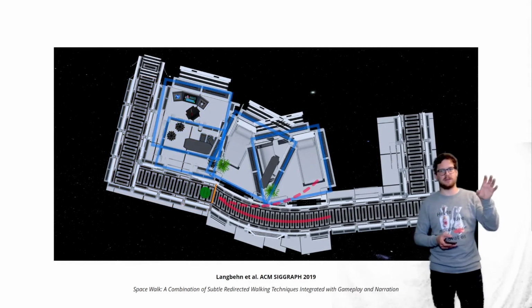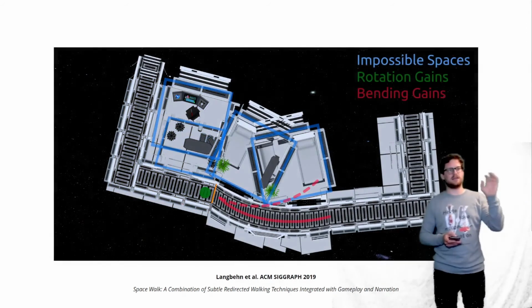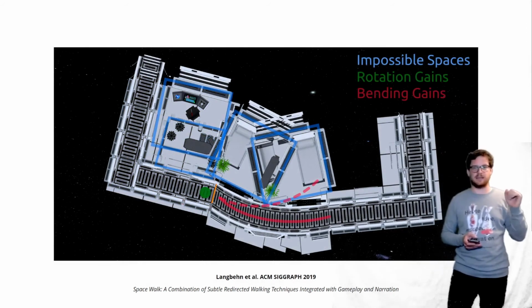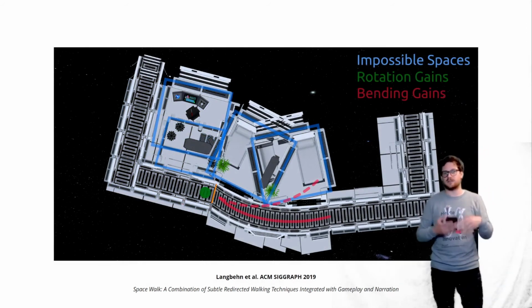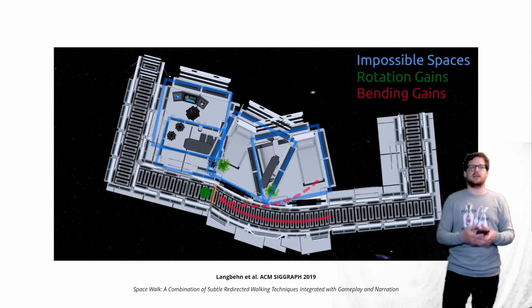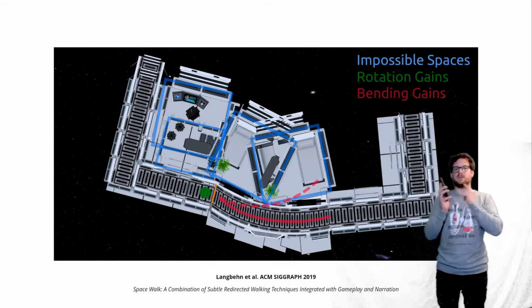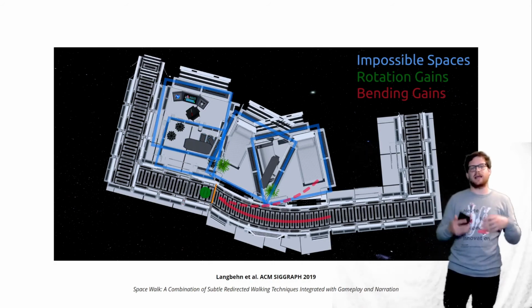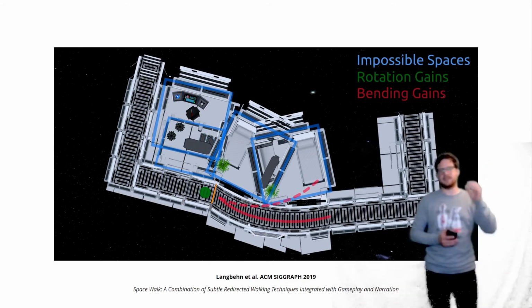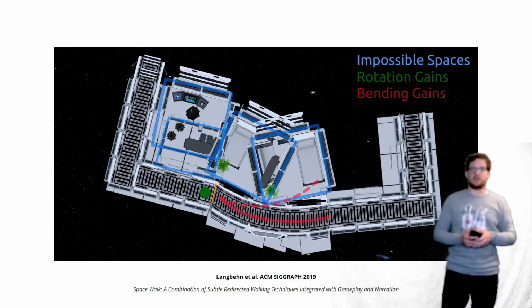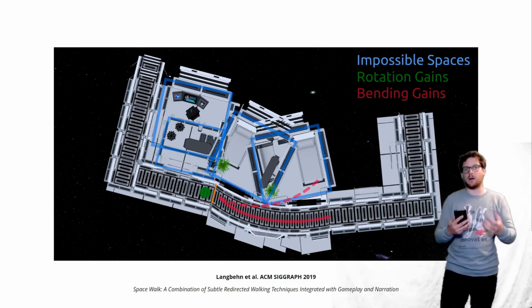There are several techniques implemented here: impossible spaces, rotation gains, and bending gains. Impossible spaces are overlapping rooms that you can see in blue. Then we had a rotation gain where the whole environment is turned around you when you're there, and a bending gain that actually lets you walk on a circular path that is even more bent in the real world.